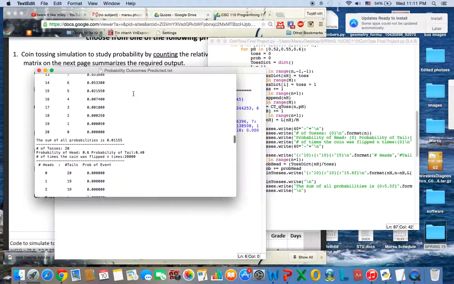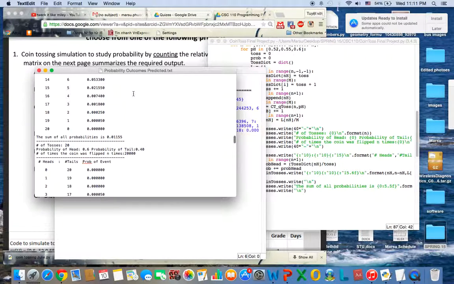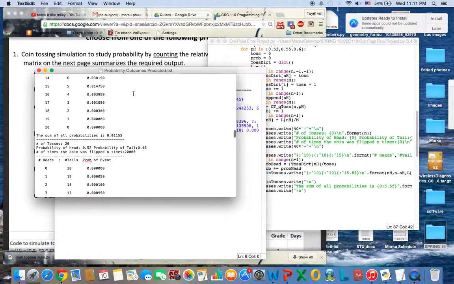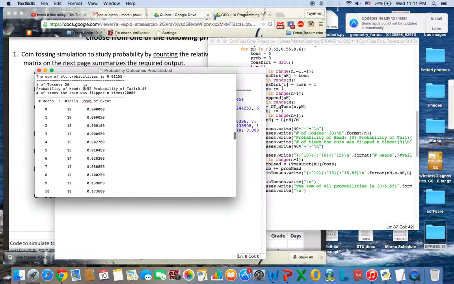So for here, let's run 20 times. Q is 20, and the pH is 0.52.